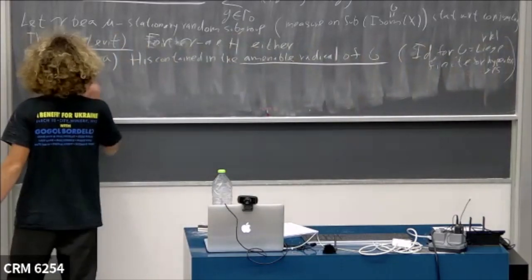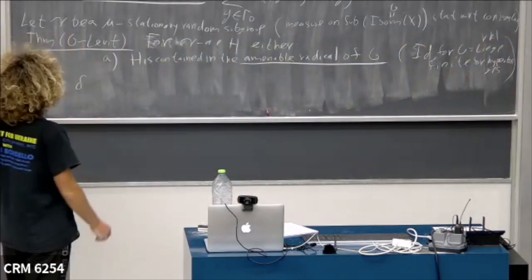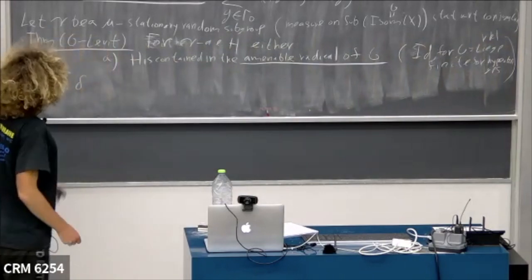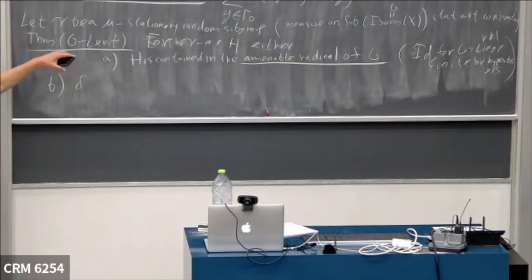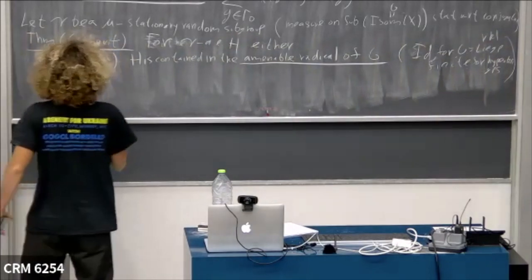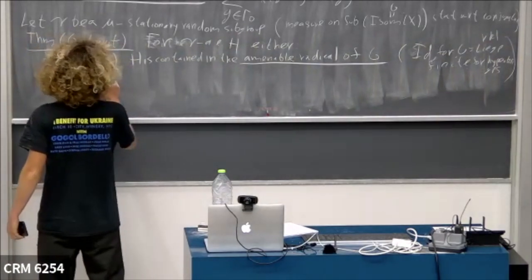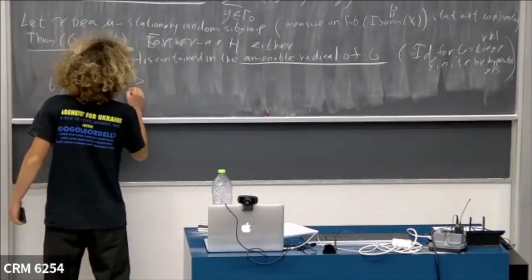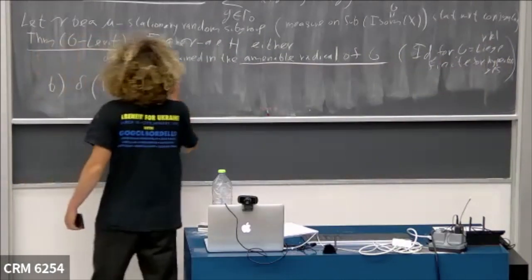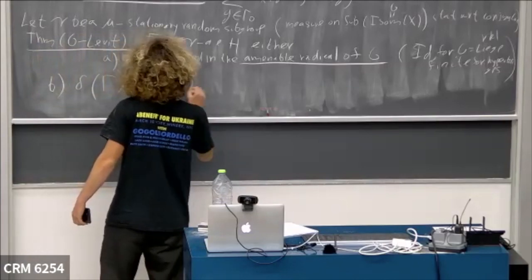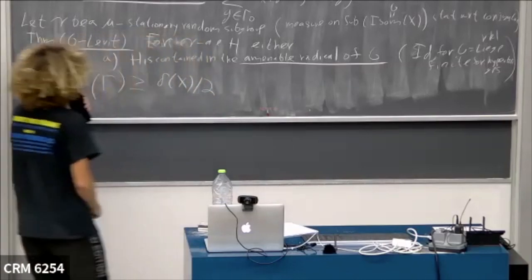Now the less boring case. I want to say that the stationary random subgroup is either basically trivial or it's really big. Maybe not as big as a lattice, but still pretty big. So the critical exponent delta gamma is greater than or equal to delta x divided by 2.